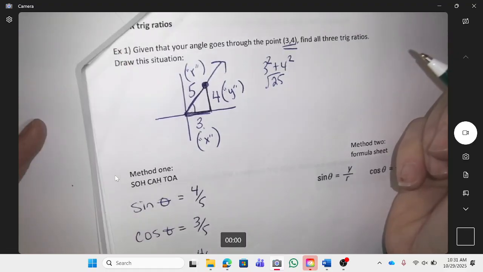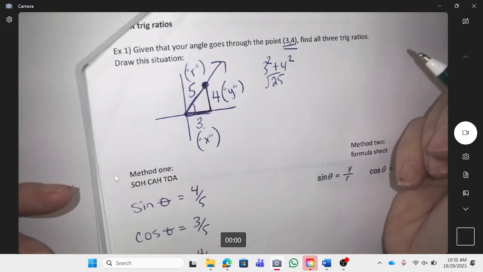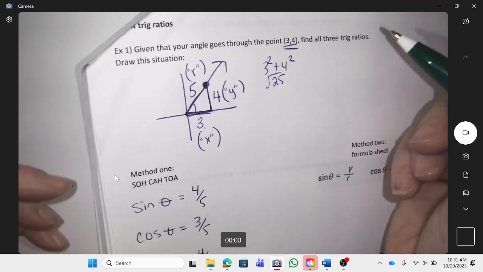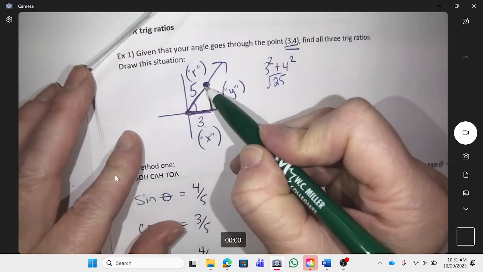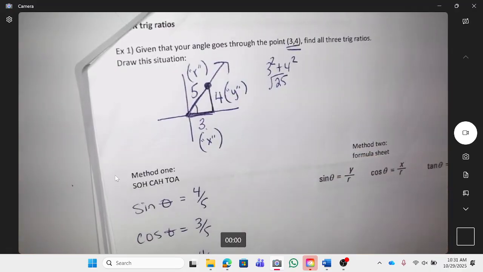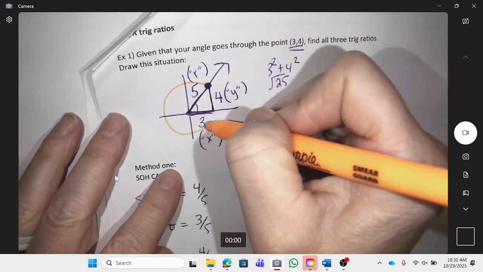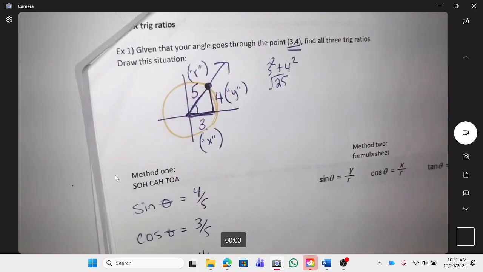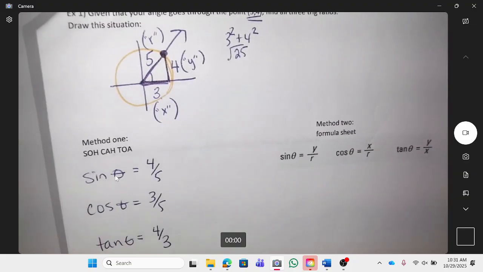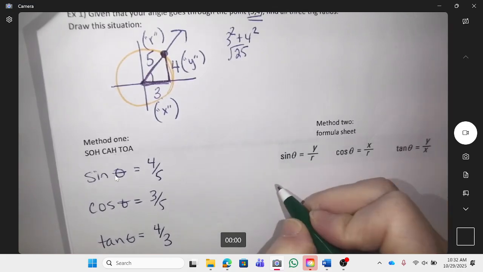And what do you think this r is going to represent in this scenario? What's a word that starts with r that comes out from the middle to the outside? Radius. So it's like if I could draw an imaginary circle, the radius would be 5. The radius is always diagonal. Okay, so here we go.